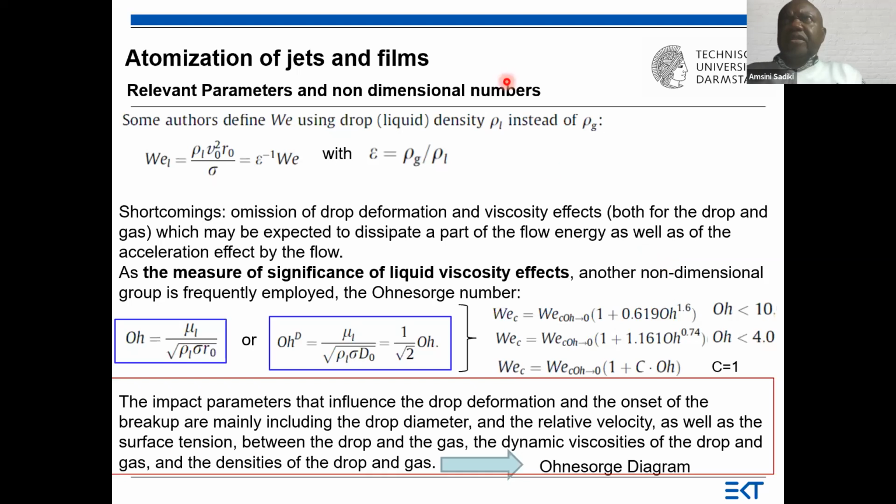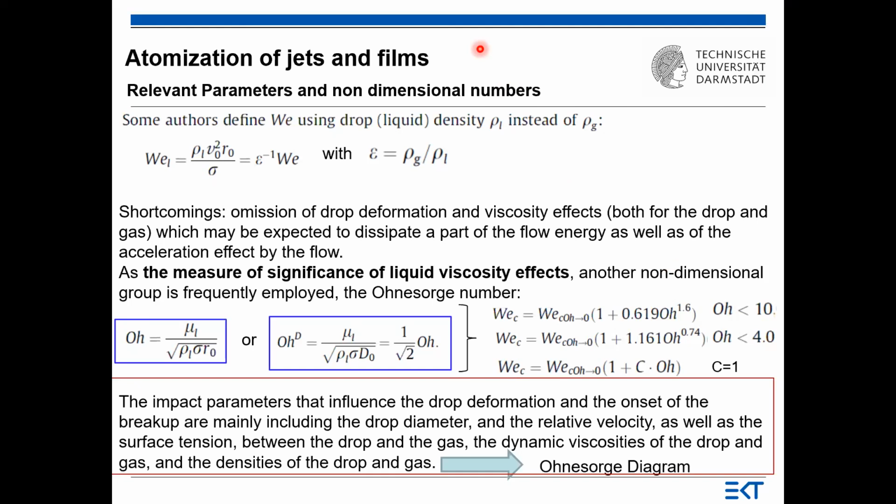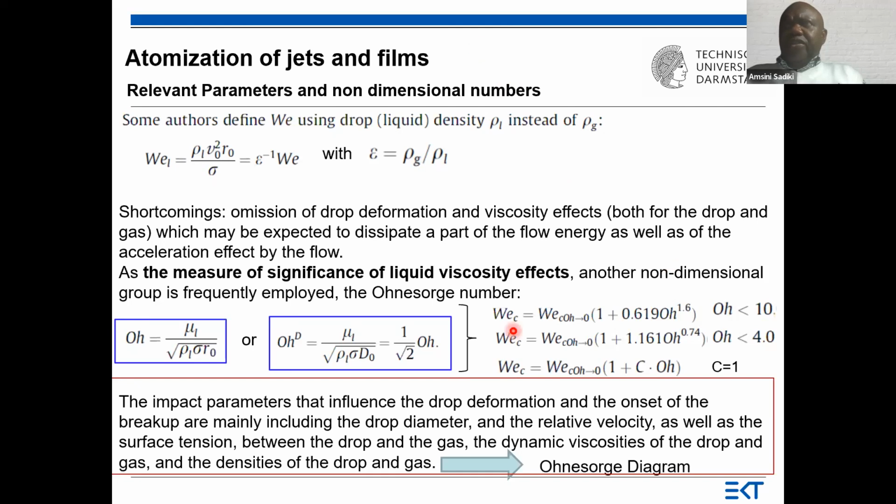Okay, thank you. So the other question is, I have a doubt related to the regime diagram. This regime is standard. If I calculate Ohnesorge and plot it on the log scale and compare with the standard regime diagram, can we say in which regime my case is falling? Yes, I can say yes. That is why I provide these two kinds of diagrams.